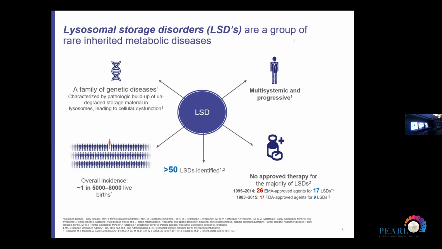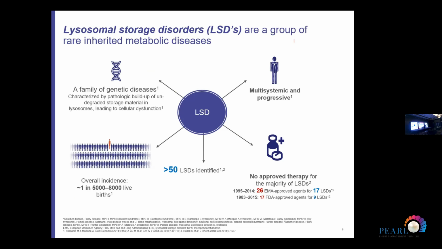So moving on to lysosomal storage diseases, as I said, these are a large group of rare inherited metabolic disorders. They are characterized by the pathological buildup of undegraded storage material in the lysosome, and this accumulation will lead to cellular dysfunction and the multi-system involvement that is usually seen in these patients.